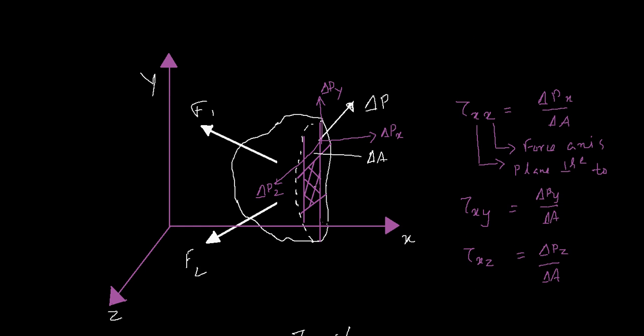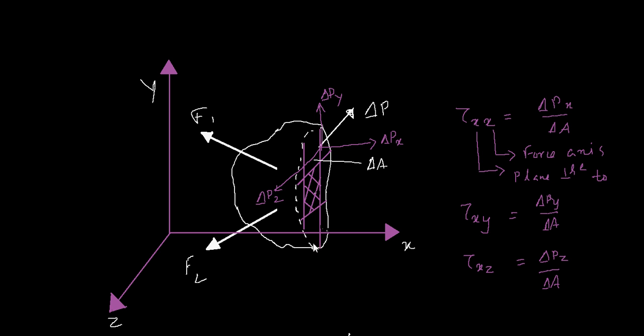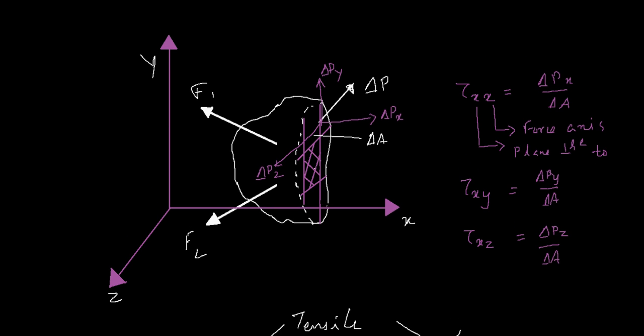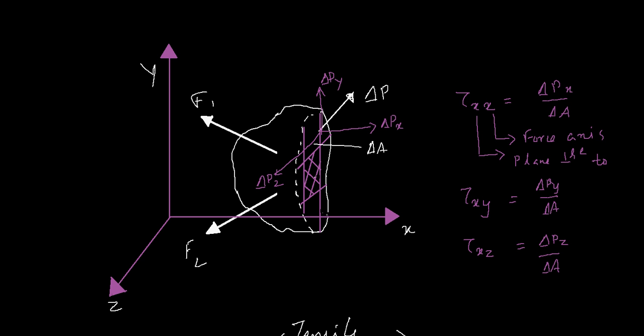And the other two forces, which are parallel to the arbitrary plane, are called shear or shearing stresses, usually denoted by the notation tau with two subscripts, xy or xz or yz, depending on the plane you consider and the direction or axis of the force.